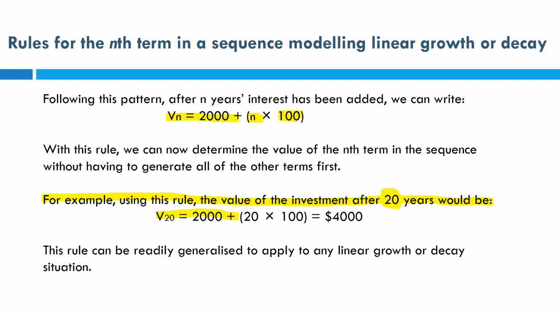We're going to add to that 20 groups of 100 because each year it's going up by 100. So at the end, we have an investment amount of $4,000. That rule can be generalised for any linear growth or decay situation.